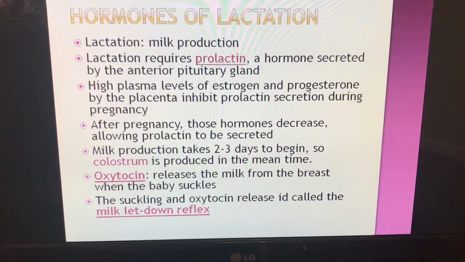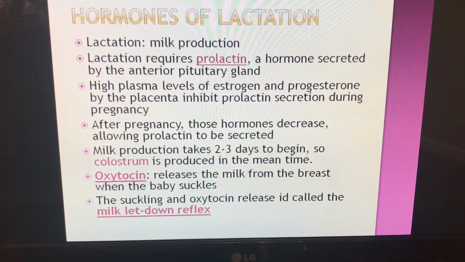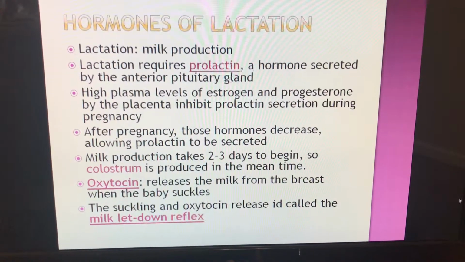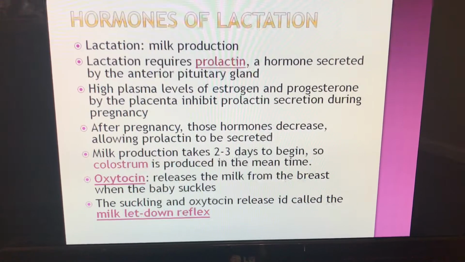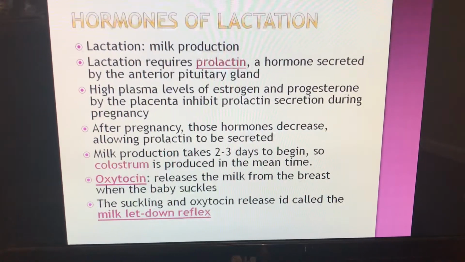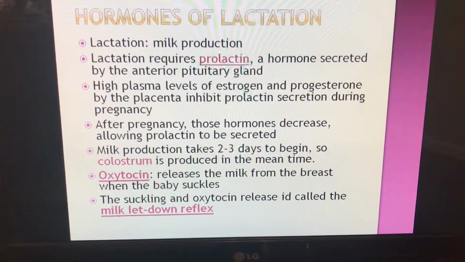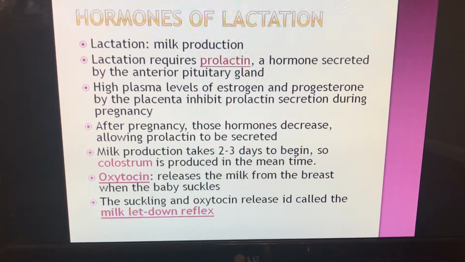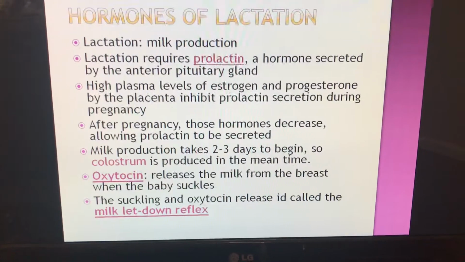Milk production takes 2 to 3 days to begin, so in the meantime, colostrum is produced. Then you have oxytocin, which releases the milk from the breast when the baby suckles. The suckling and oxytocin release is called the milk letdown reflex.